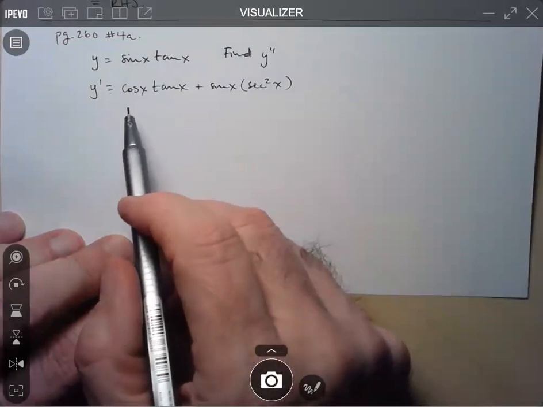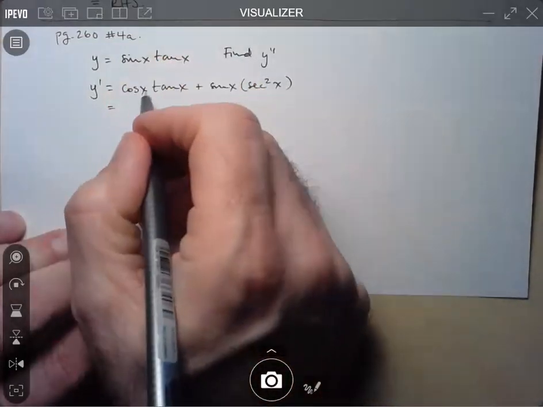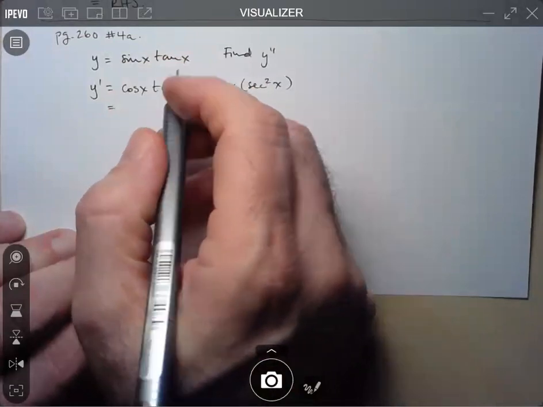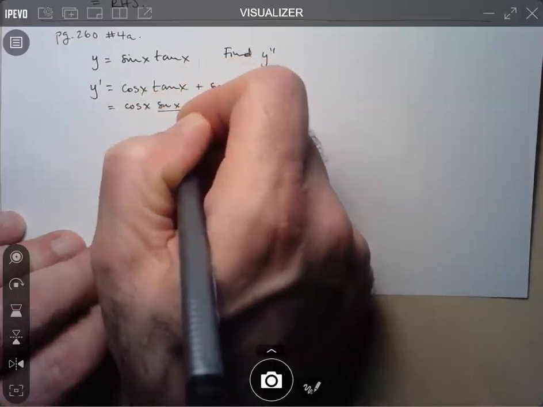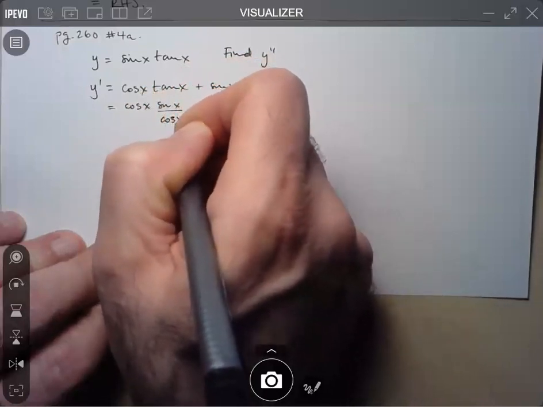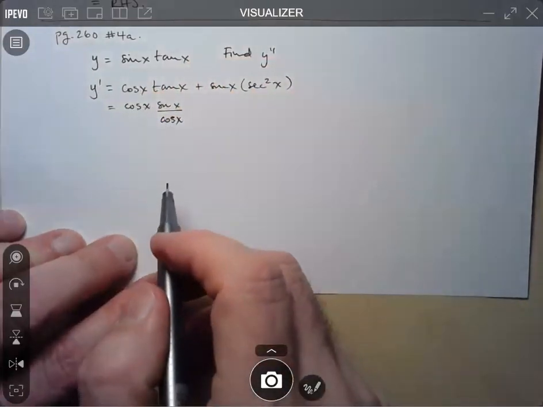One thing I would consider doing here is, I look at tan x, and I know tan x is sine over cos, and I'm multiplying by this cos x. So I'm very tempted to do some simplifying.